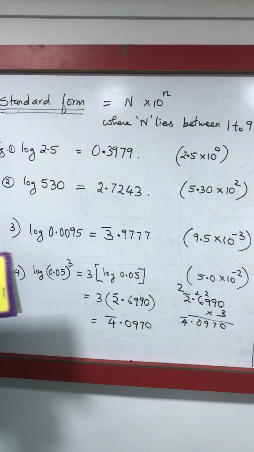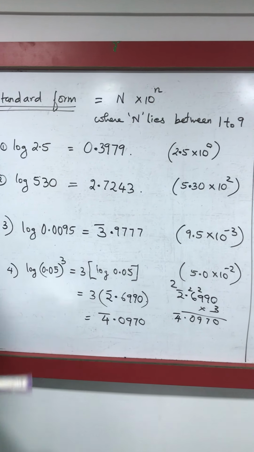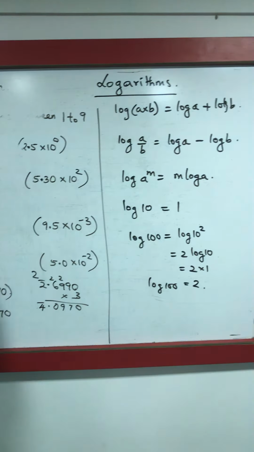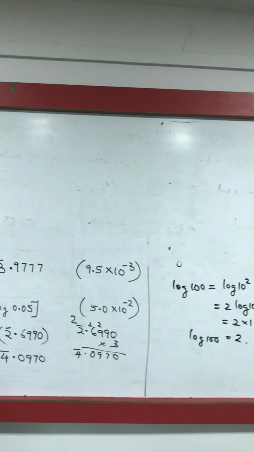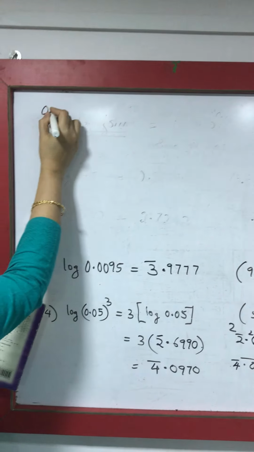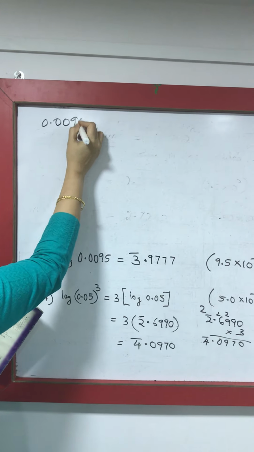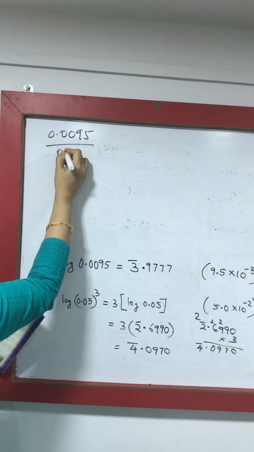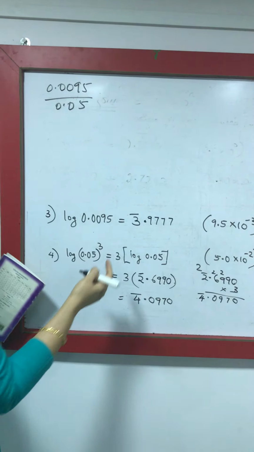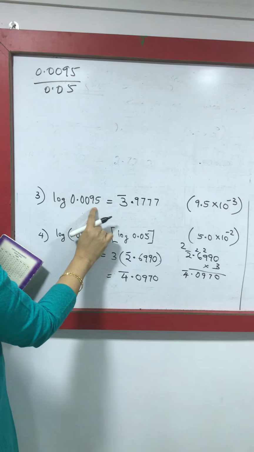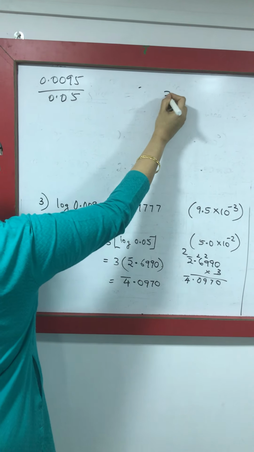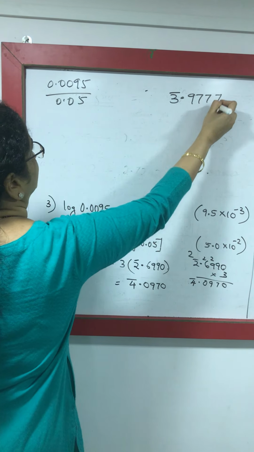Now we will do a little bit of solving work based on these tables. Suppose I ask you to solve 0.0095 upon 0.05 using log tables, then we will write the log value of this number which is in the numerator, that is bar 3.9777.